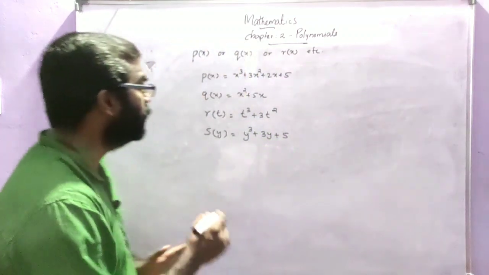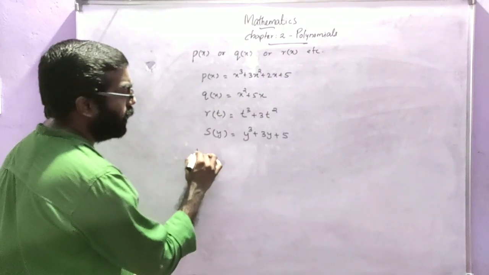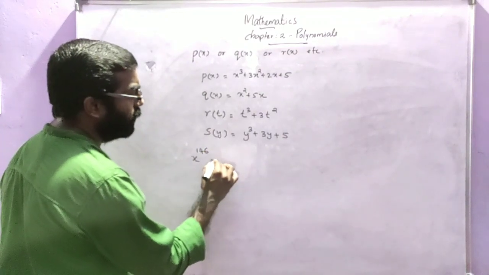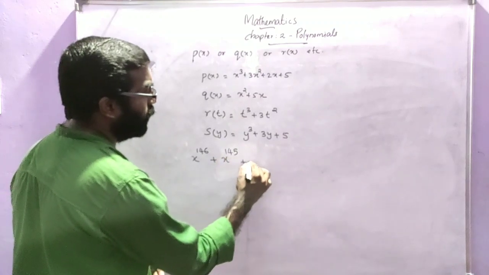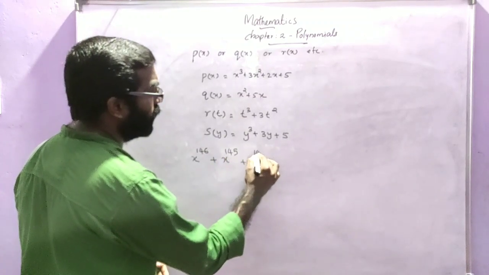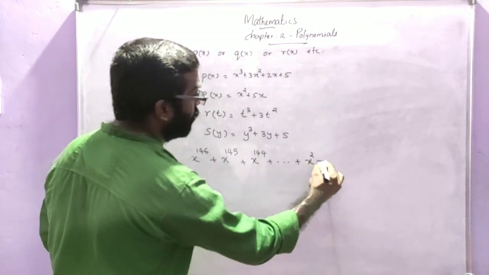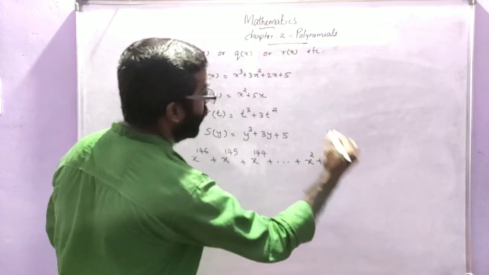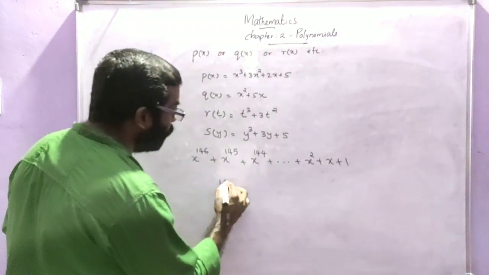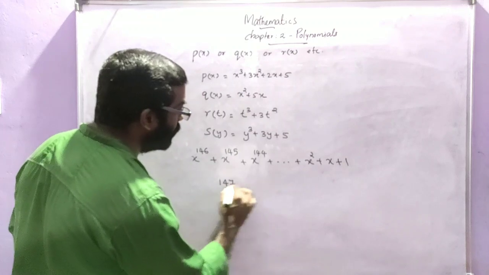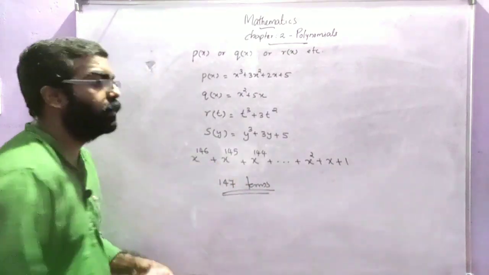For instance, we can consider, write an example, x raised to 146 plus x raised to 145 plus x raised to 144 plus etc. plus x square plus x plus 1. Here there are 147 terms in this polynomial.